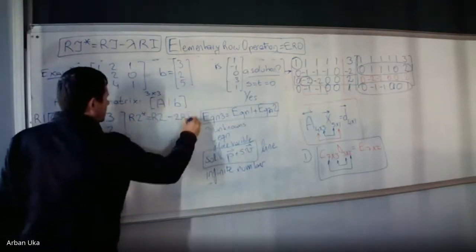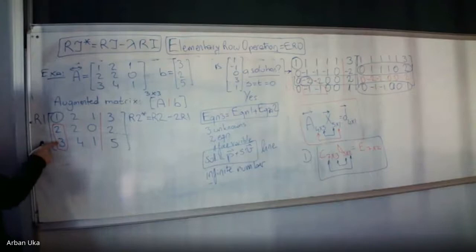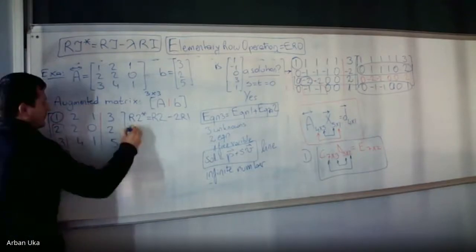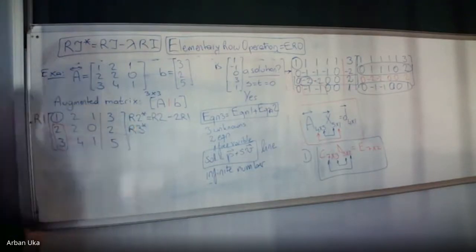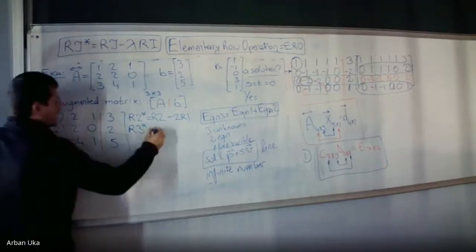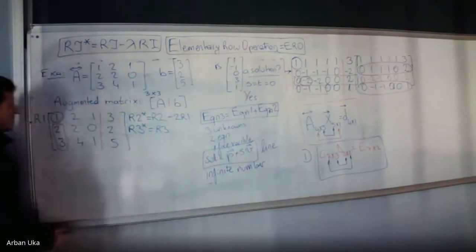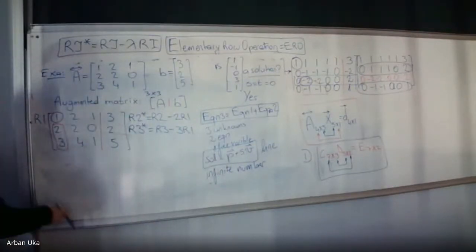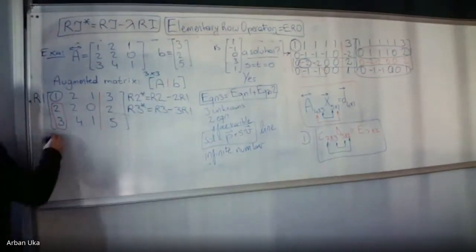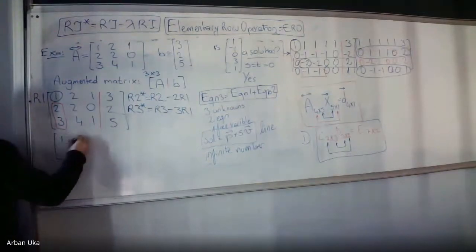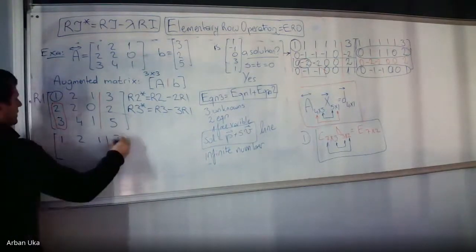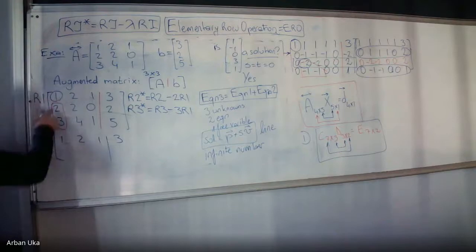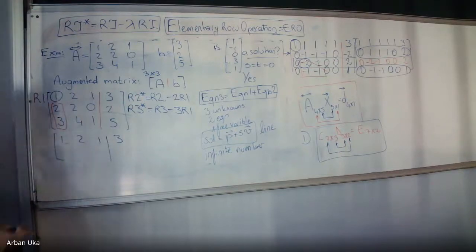How can we make this 3 into 0? Row 3 star is equal to row 3 minus 3R1. Then let's write this down: 1, 2, 1, 3. Somebody help me here. What should we write here?